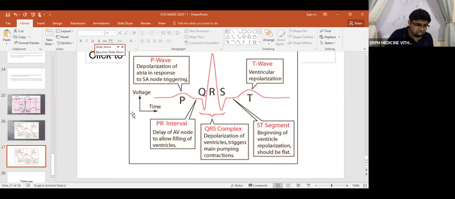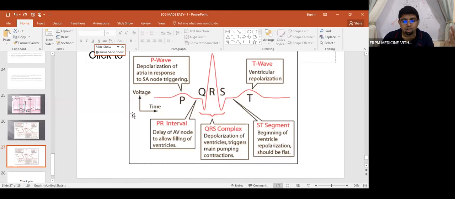Right, look here. It is depolarized, and whatever has depolarized, the voltage has changed, so it has to come back to the normal state at one point, no?